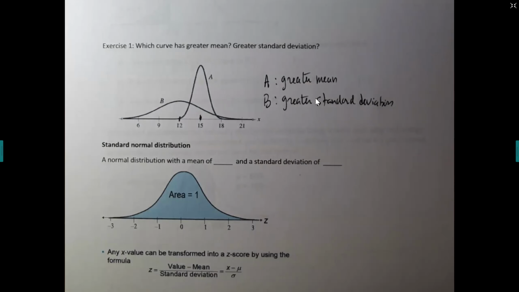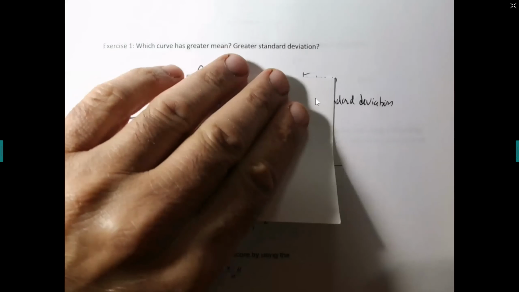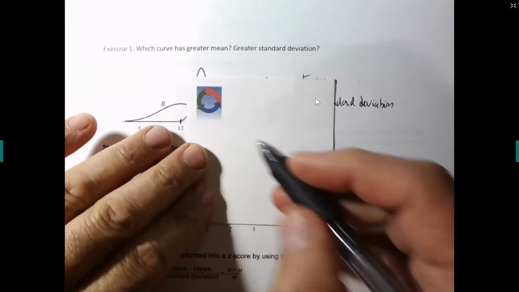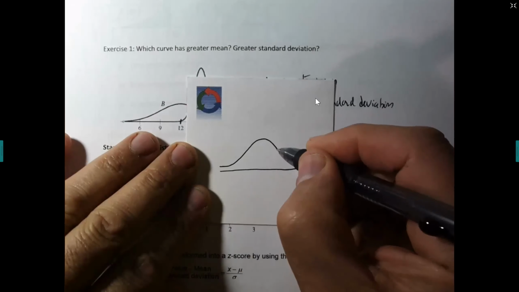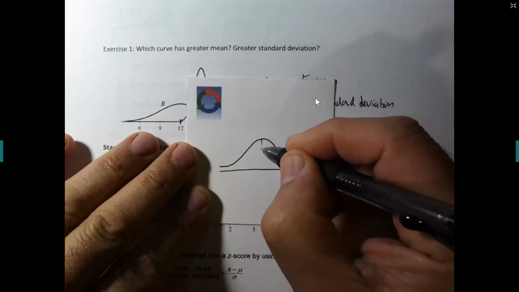All right. Any questions so far, guys? I just want you to have a visual of the normal curve. Anytime he mentions a normal curve, here's how I like you to visualize it. The mean is right here.